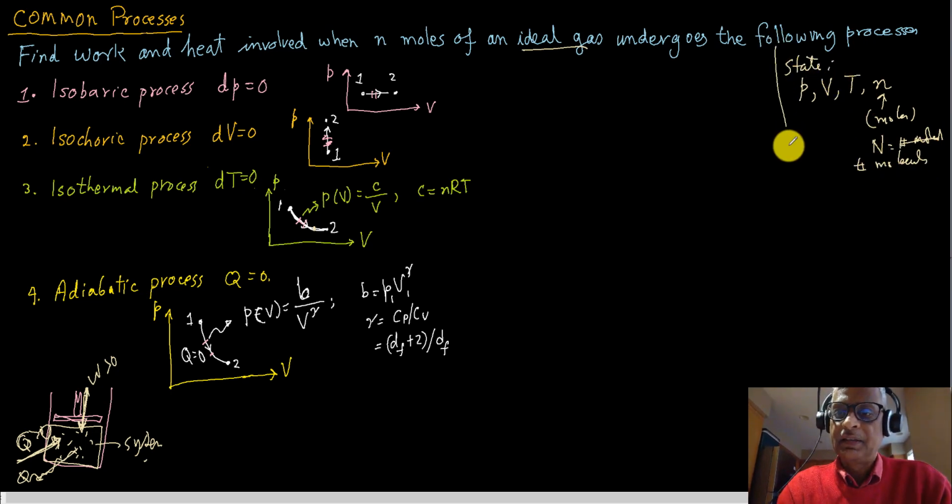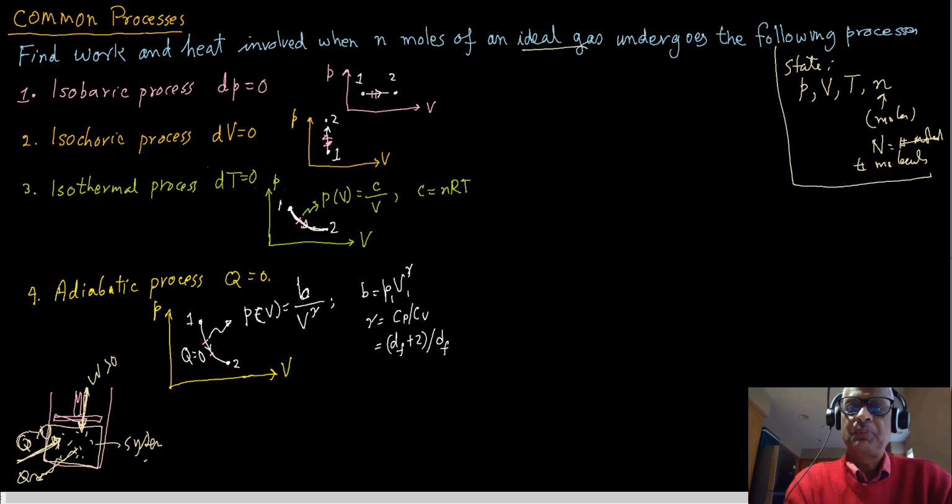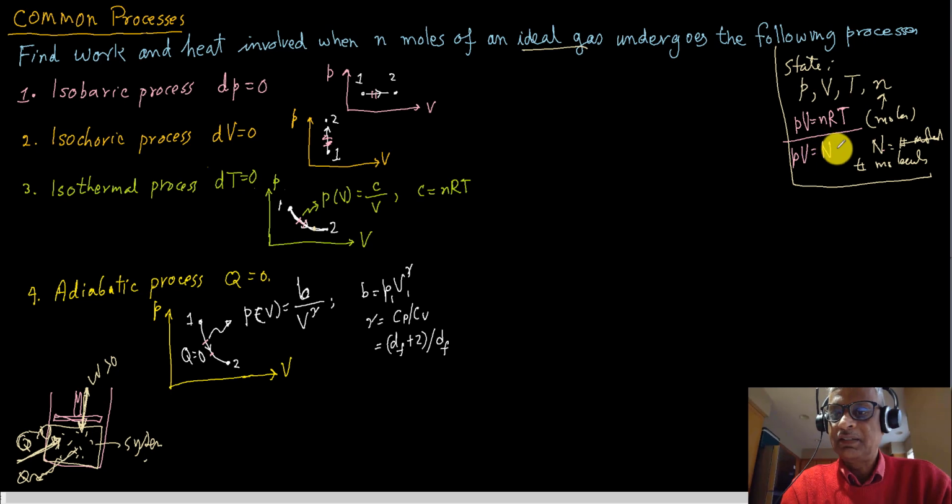You probably know there is a relationship PV equals nRT, and if you want to use the number of molecules, you write PV equals N k_B T. It's the same thing because R and k_B are related in this manner.